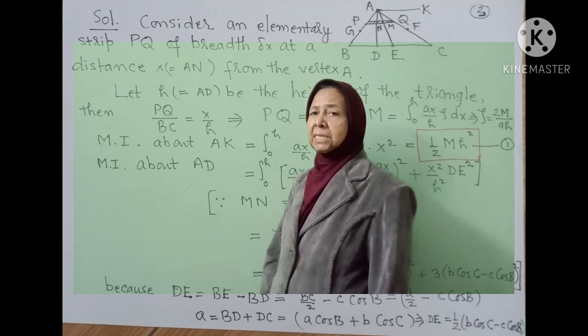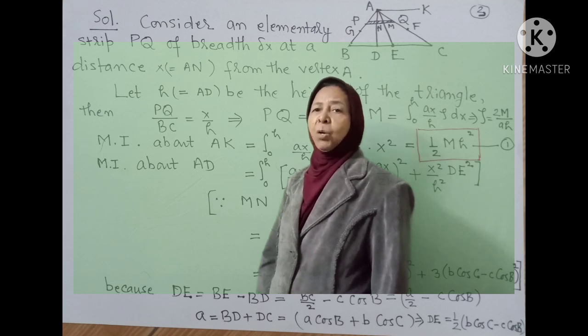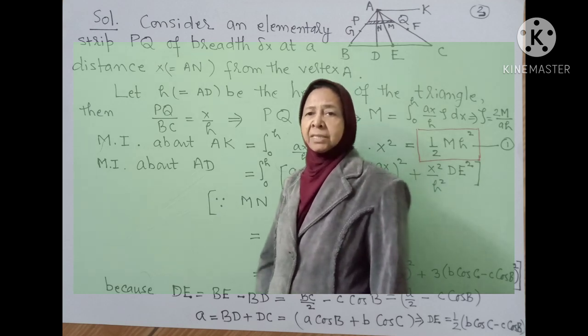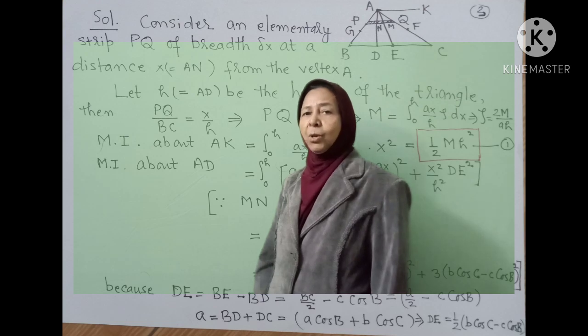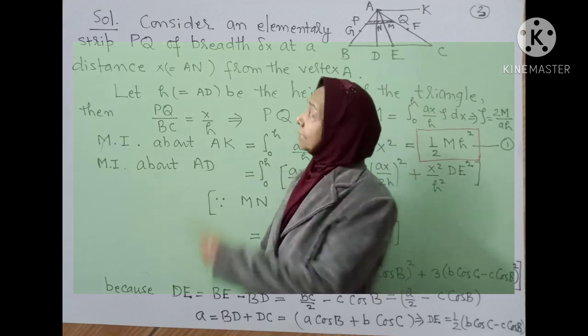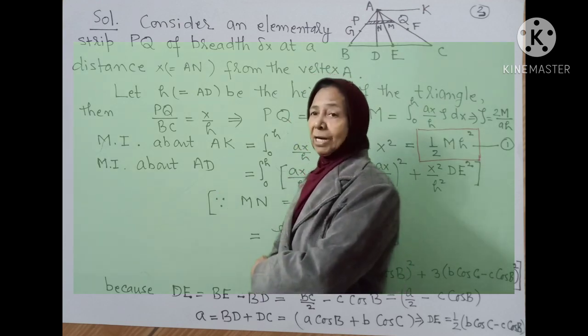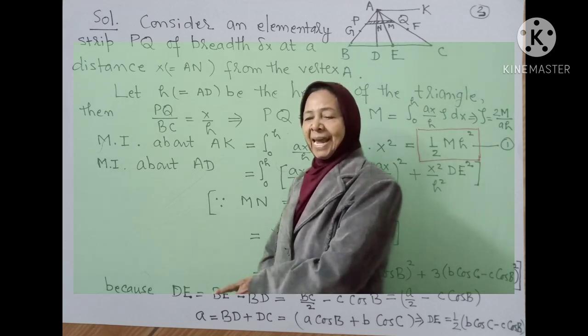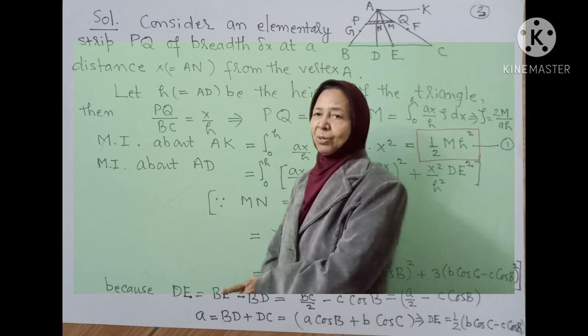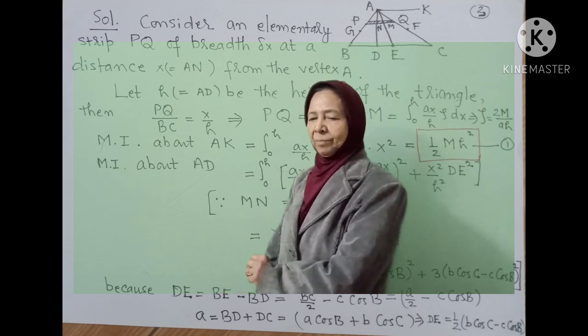Be is small a by 2. You know, in a triangle we write the sides as small abc and the angles as capital ABC. So it can be calculated in terms of small abc and capital ABC because the triangle is known, sides are known and angles are known.